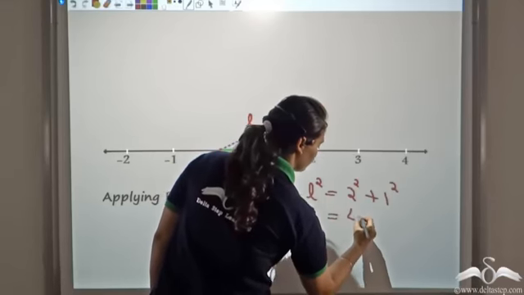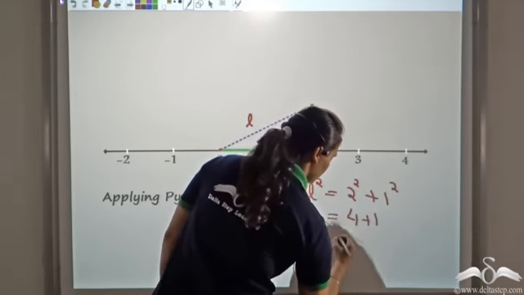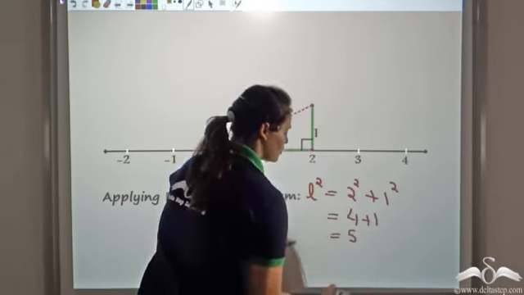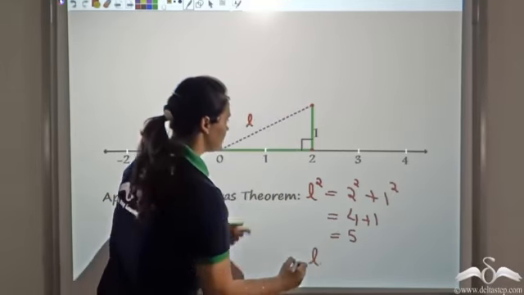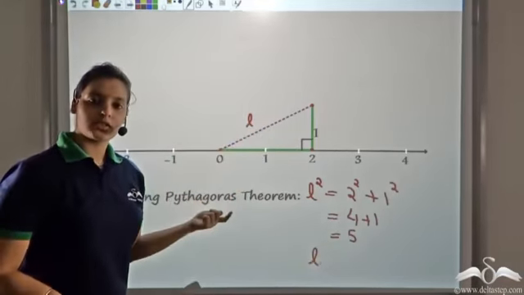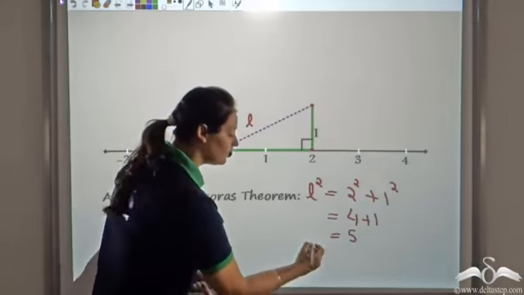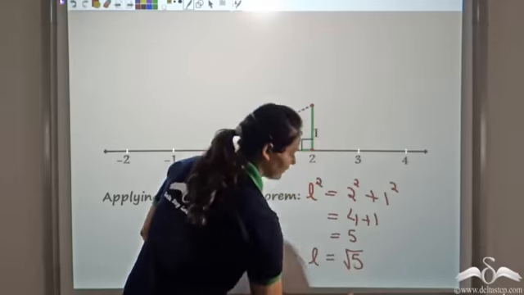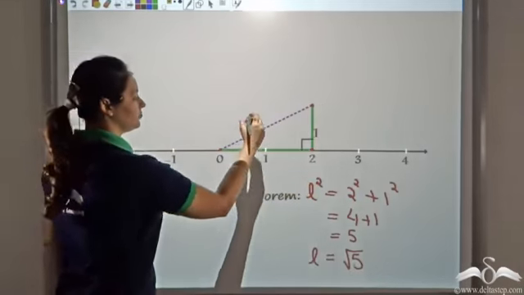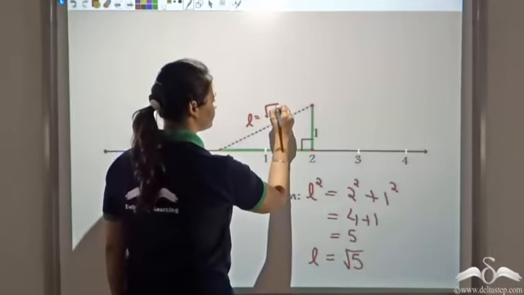So I get 4 plus 1, which is nothing but 5. So L square turns out to be 5. What would L be? Since L is the length, I'll take the positive square root. Length cannot be negative. So L would be positive square root 5.